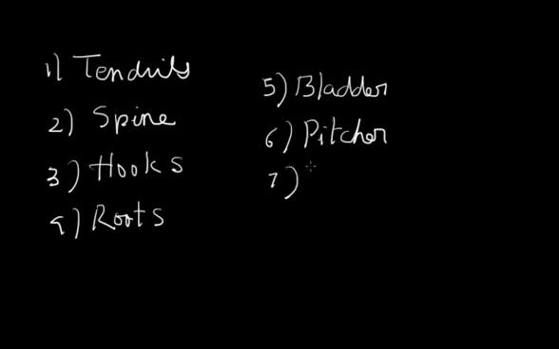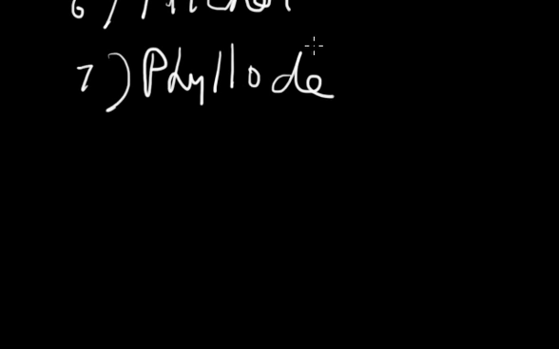And you have the case of a specialized modification called phyllode, where the petiole is flattened, is green, and it carries out the function of a leaf.